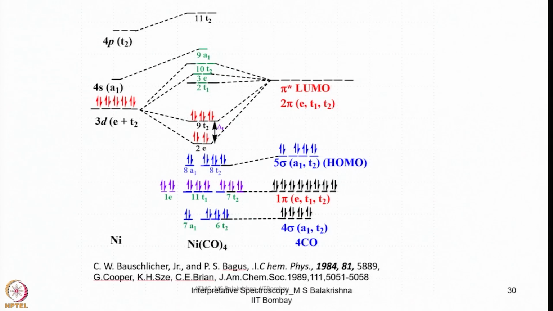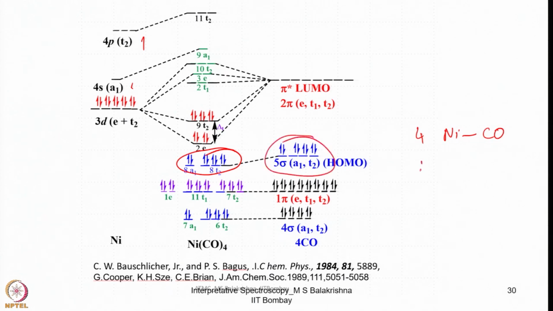But our attention should be towards these four electrons here. They are not at all involved in binding. These are supposed to interact with this as well as this one to make four nickel to carbon monoxide bonds.